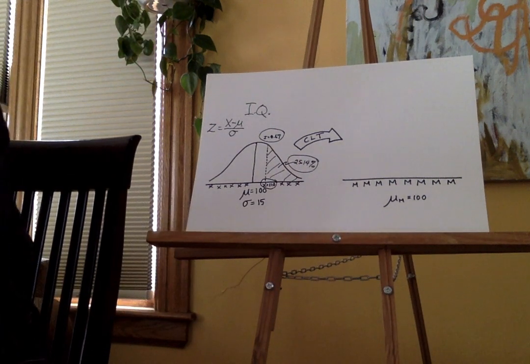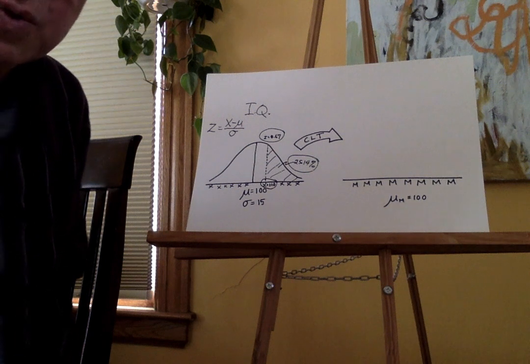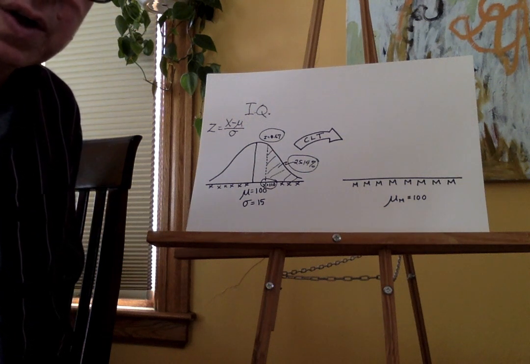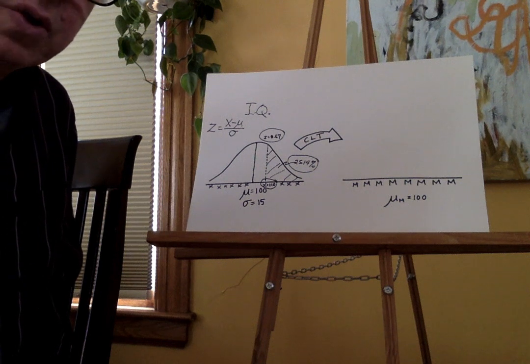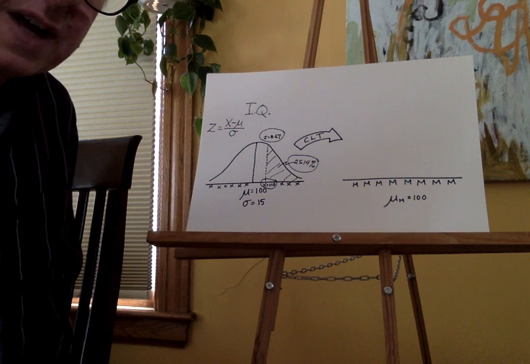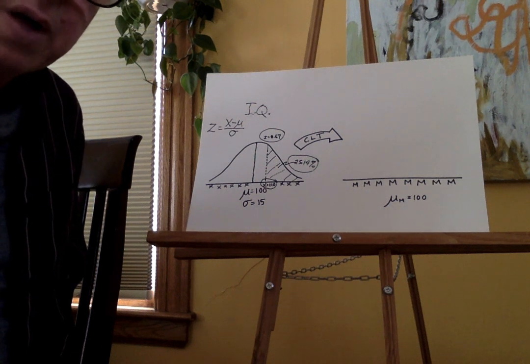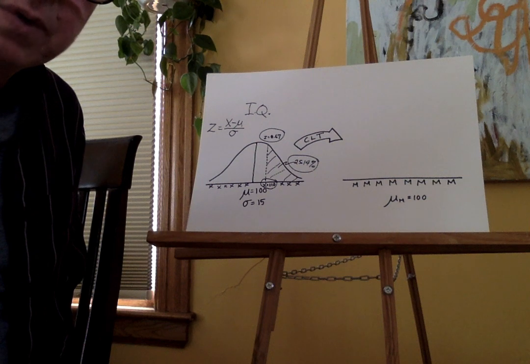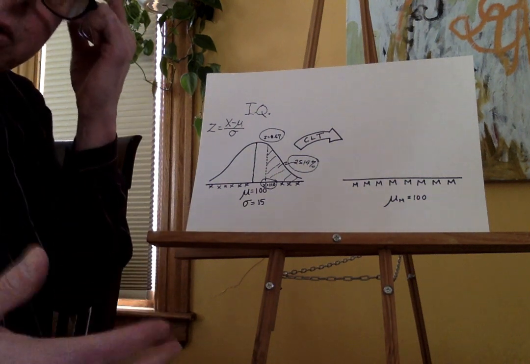So about 25% of individuals will have a z-score of 0.67, which corresponds to an IQ of 110. About 25% of the population has an IQ above 110. Okay? Now, here's the new question.